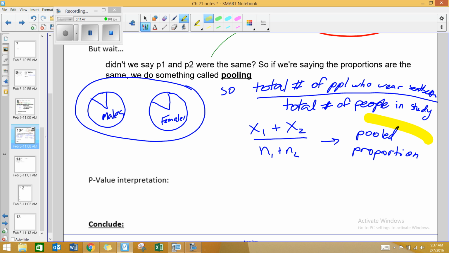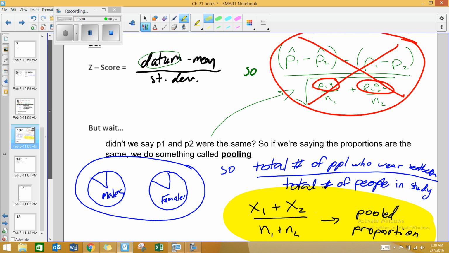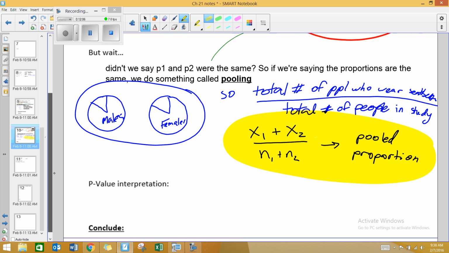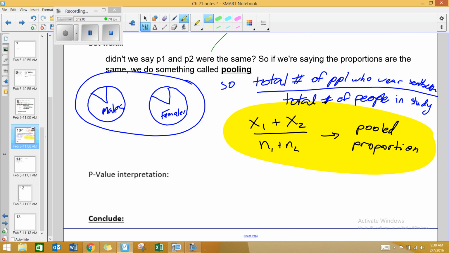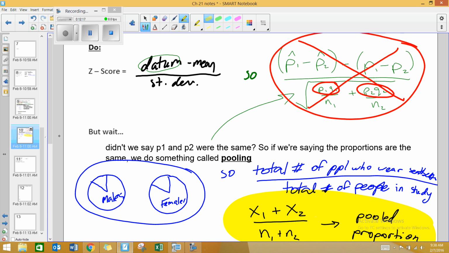Okay. That's a really big idea right here. Okay, so once we find, like we saw in the last chapter, once we find that z-score, we're going to use, or actually let's go ahead and, I guess I haven't even written down the correct formula. All we have right now is our incorrect z-score formula.